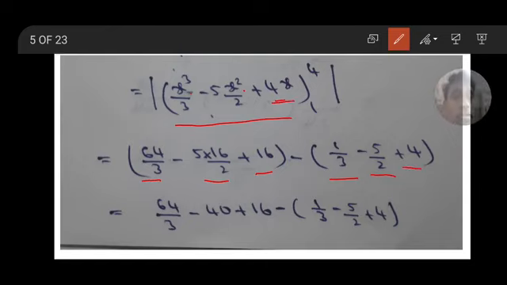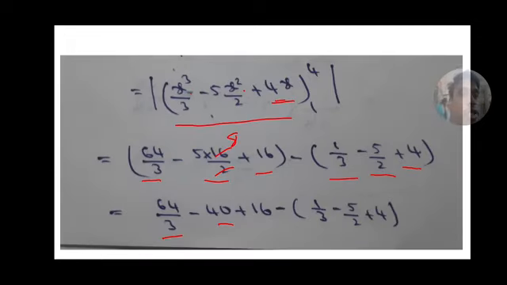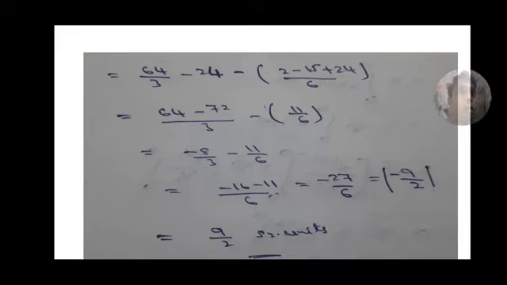On simplification we get 64 by 3, 5 into 8 is 40, plus 16, minus 1 by 3 plus 5 by 2 plus 4. Minus 40 plus 16 means minus 24.